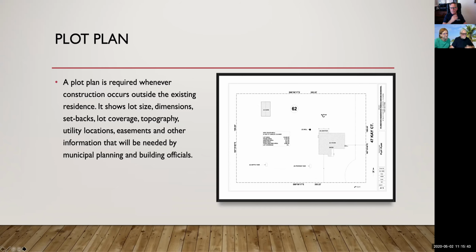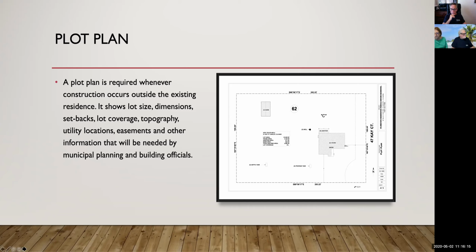The plot plan, that's a bird's eye view of your lot and your neighborhood. You see this particular plot plan shows the street, and it's required whenever construction occurs outside the existing residence. So it shows lot size, the dimensions of each side of the lot, setbacks, which of course you know are a requirement of the zoning, how close you can get to your property line.